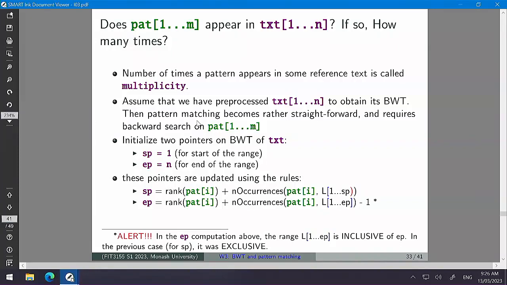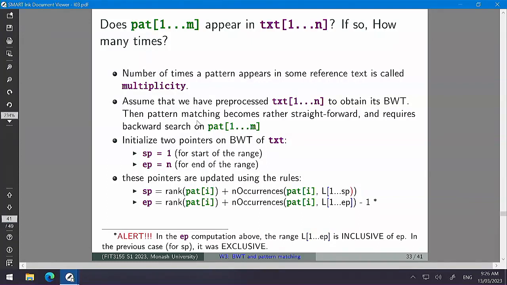So you start with a start point and end point. Initially, start point is pointing to 1, and end point is pointing to n, where n is the size of your text. So the first letter and the last letter is where it's pointing to in the Burrows-Wheeler's transform.